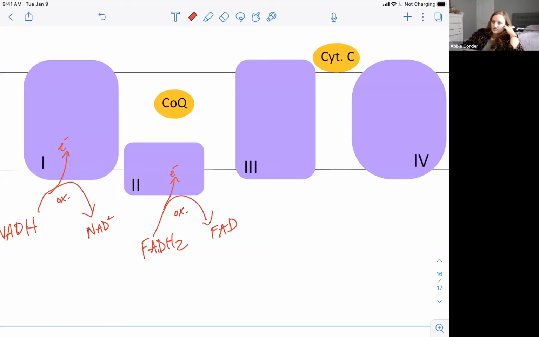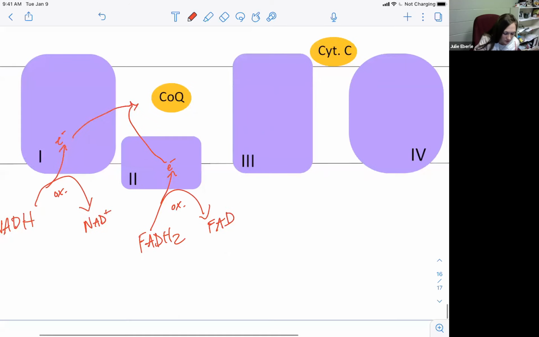And then does it pass through the CoQ? I can't remember what that is. Coenzyme Q. Oh no, I'm thinking of iron. Which one is iron? Cytochrome C. Okay. So coenzyme Q, we didn't get into the specifics of coenzyme Q, but when it picks up the electrons, it's reduced.